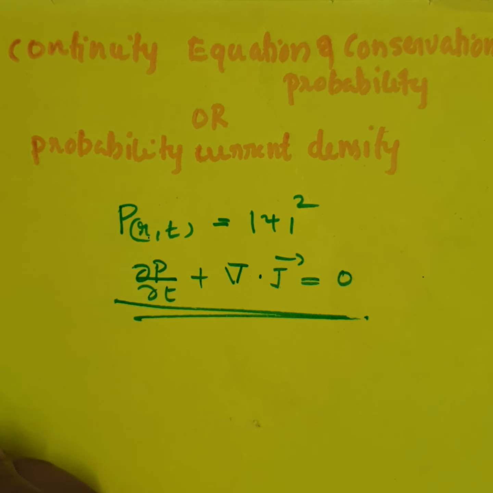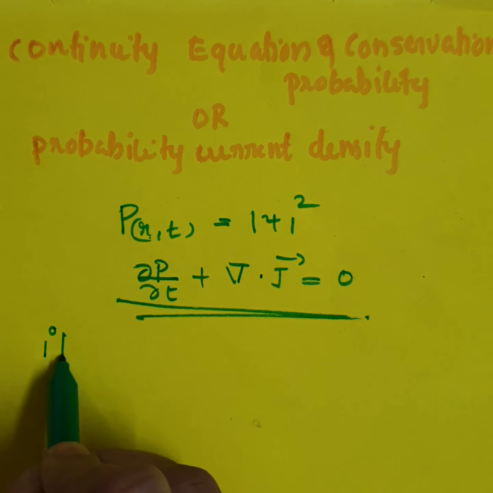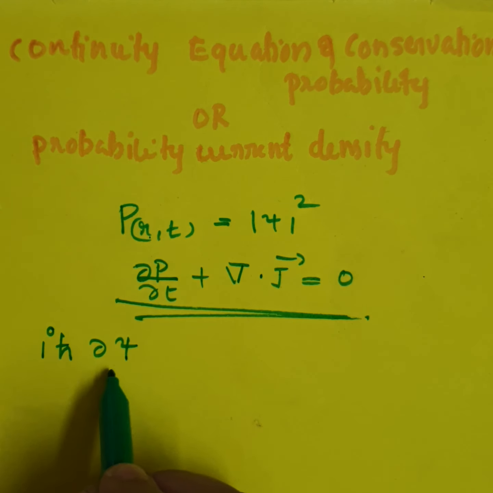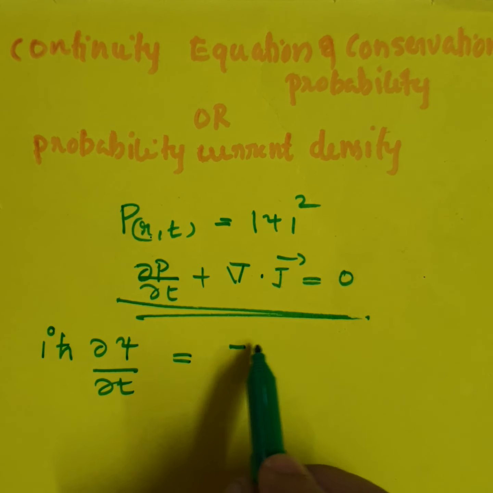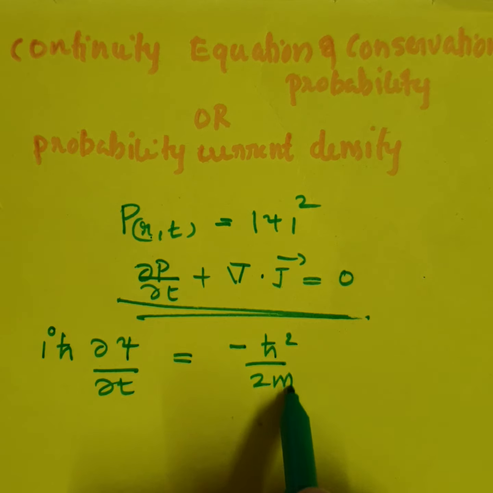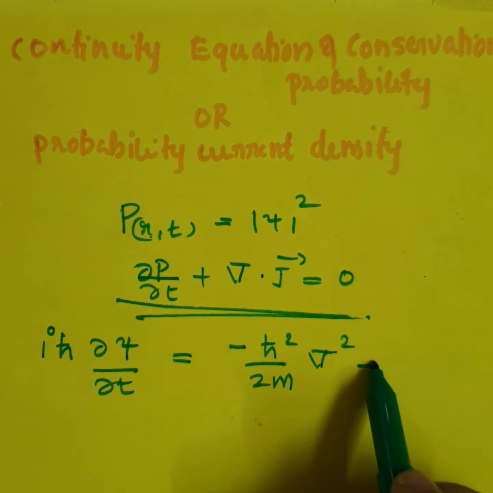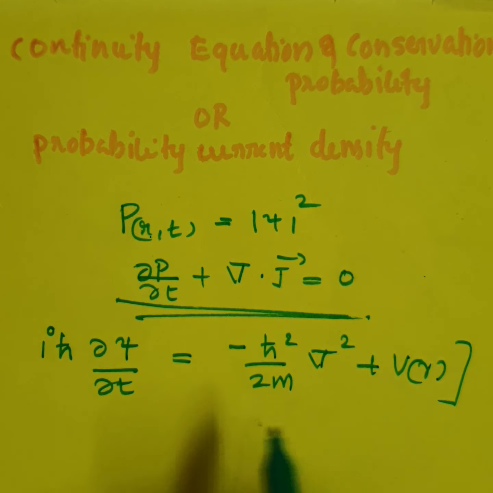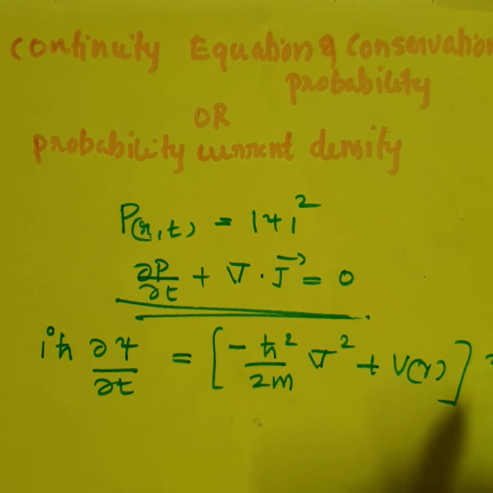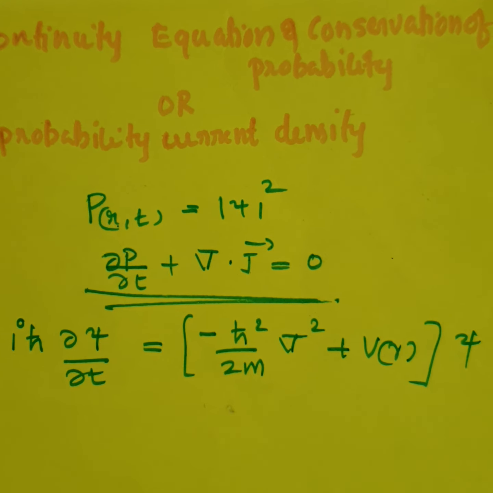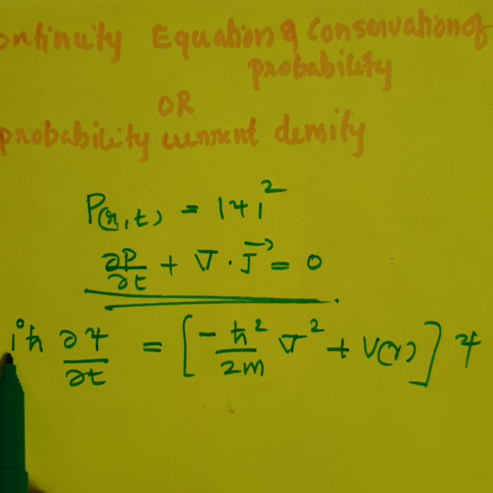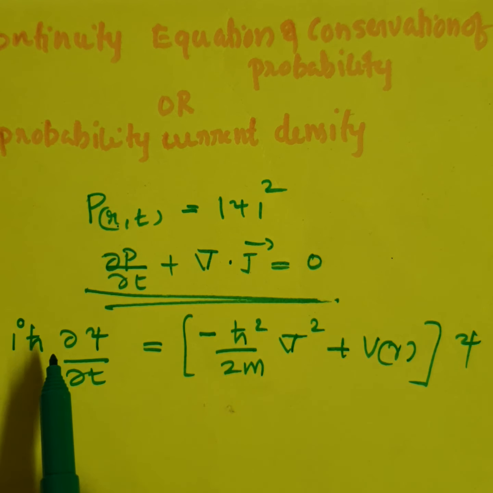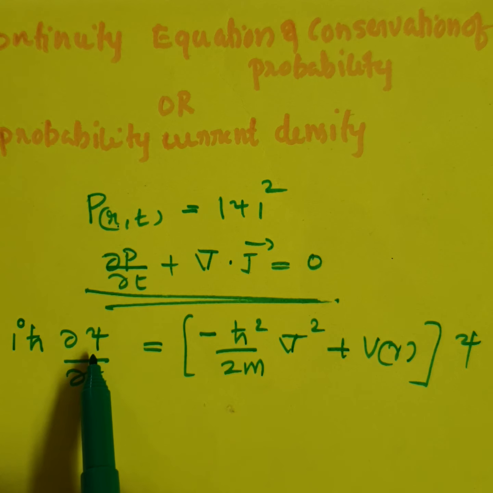we know that iħ ∂ψ/∂t equals minus ħ²/2m ∇² plus V, times psi. This is the simple Schrodinger equation. Now we take the complex conjugate of this equation, that is, i will be replaced by minus i and psi will be replaced by psi star.